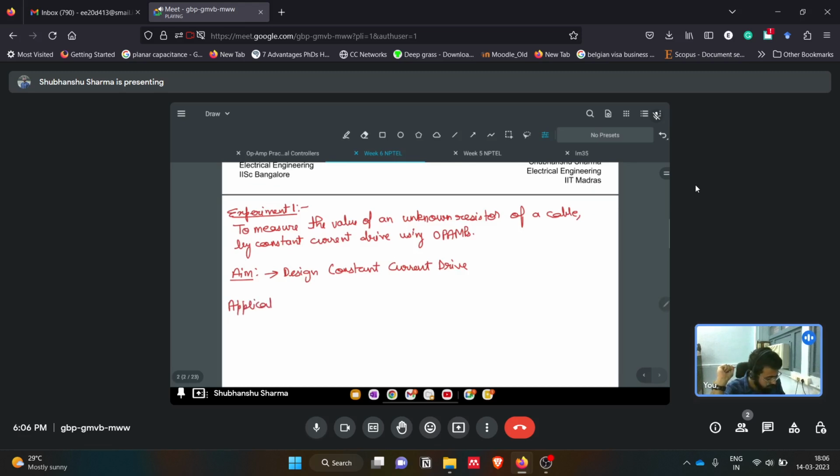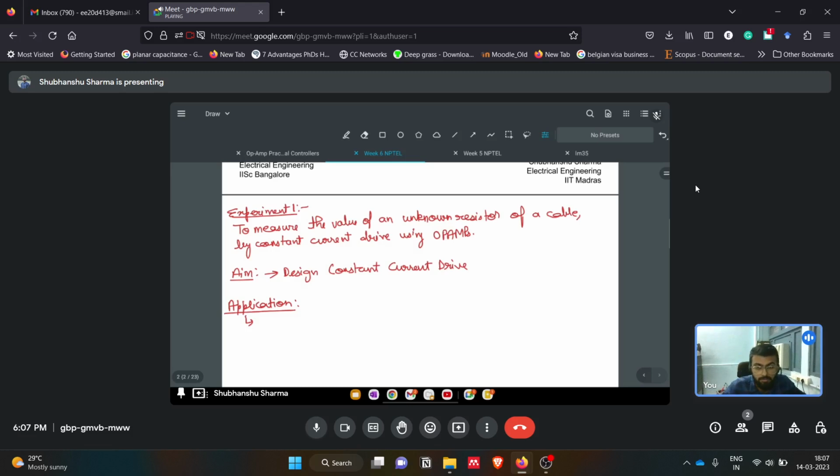If we talk about the applications, why do we need this circuit, why do we need constant current drives? Somewhere we have to measure resistance. When we look into many applications, even in a strain gauge there is a variation of resistance. In a thermistor also there is a variation of resistance.